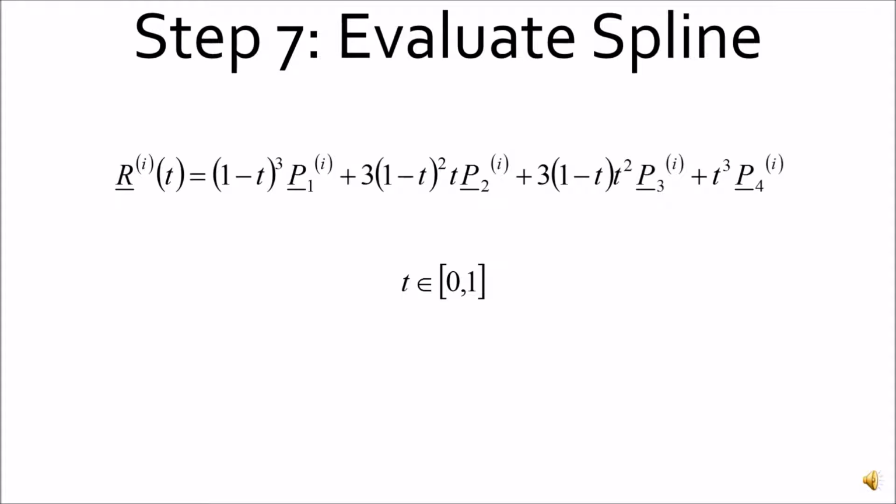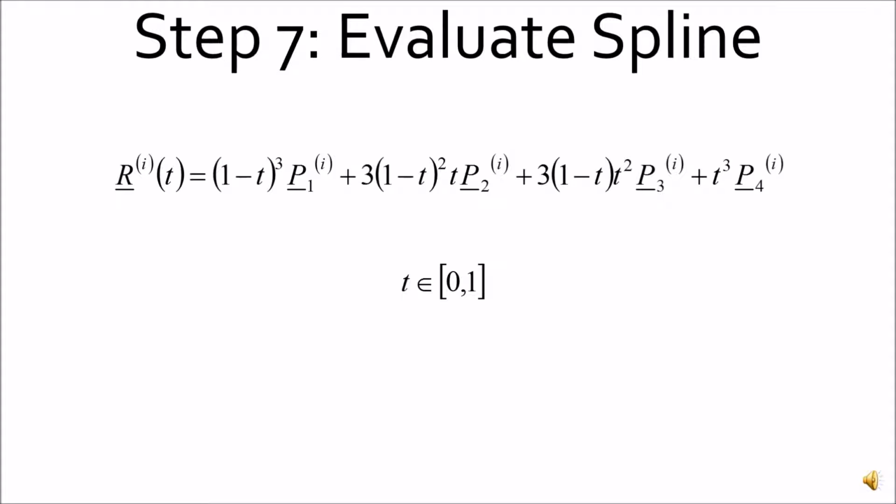If you go from 0, that will be entirely P1, and you go to 1, that's entirely P4, and as you go between 0 and 1, it can be any number between 0 and 1 inclusive, you'll get some mixture of these points, and that's the way the spline works.